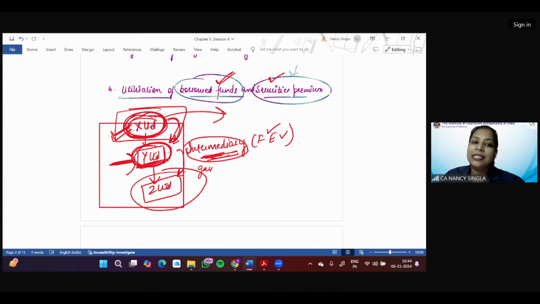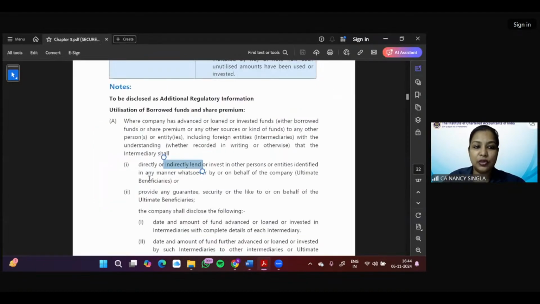So what will be the disclosure requirement? See, simple. The date on which such amount has been transferred and the amount. The date on which such further amount has been transferred and the amount. And since the word guarantee is also there, the date on which such guarantee has been given and the amount. Simple. So let us read these three clauses.